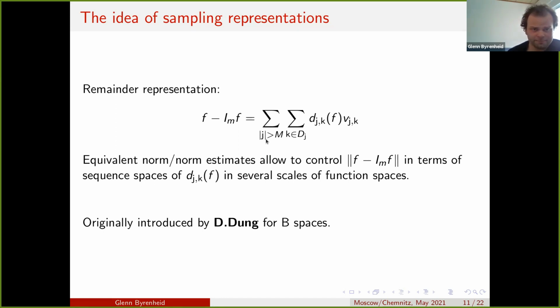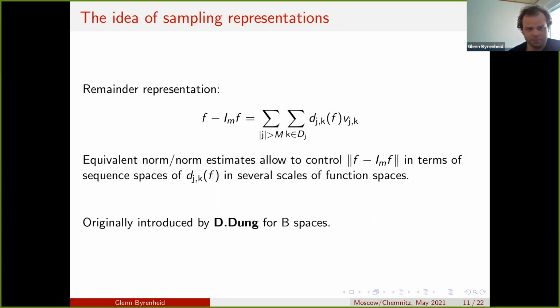Then finally, these equivalent norm relations I presented before allow us to control this inside of norms in several function spaces. And this allows us very easily to reproduce a lot of results known for sampling recovery of Sobolev and Besov spaces.